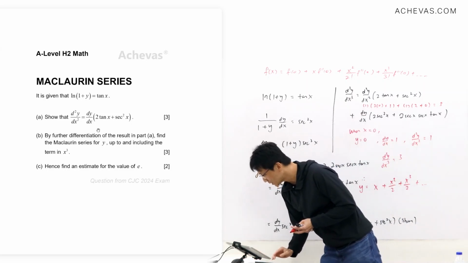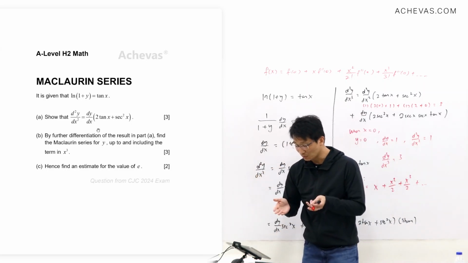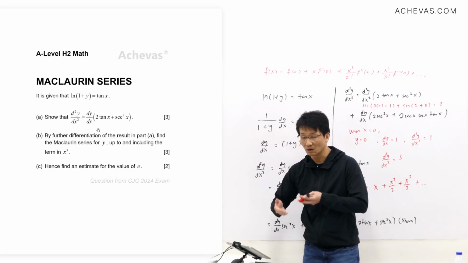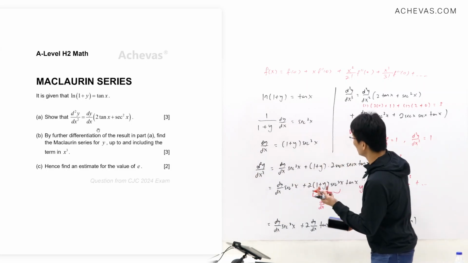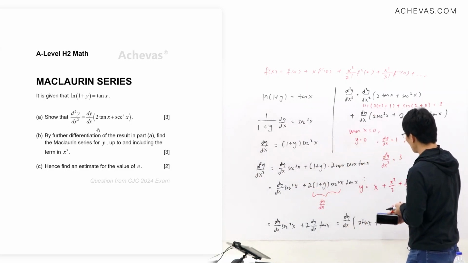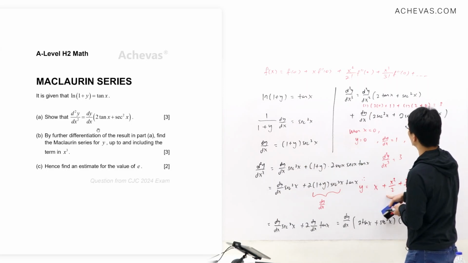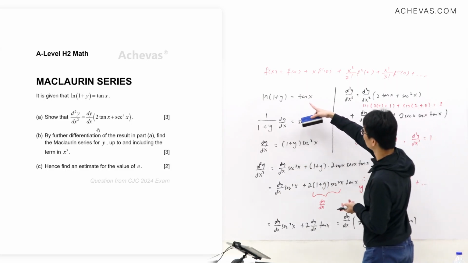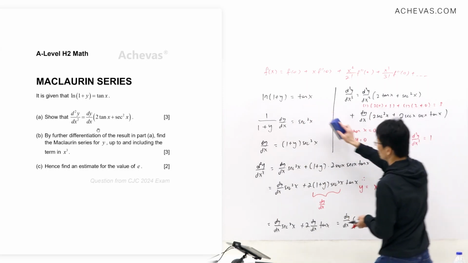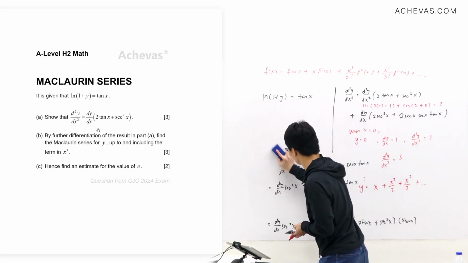Okay, so for part C, you're supposed to find an estimate for the value of e, the exponential term. Okay, maybe I need to use this expression. Let's keep this first. Maybe I need this also. Okay, let me just erase this part.